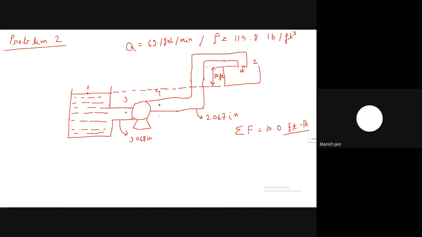Whenever you convert energy from one form to another, based on the second law of thermodynamics, some of the energy will be lost as entropy. So you cannot convert 100% of the energy from electrical to mechanical. The efficiency of the pump is given, that is 65%.